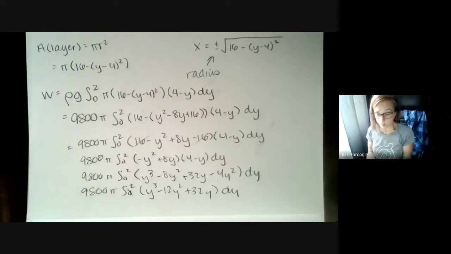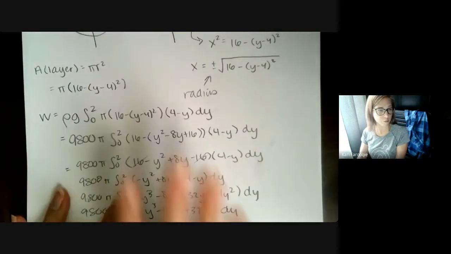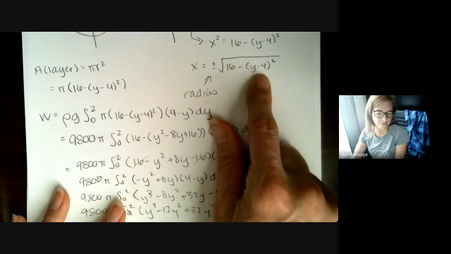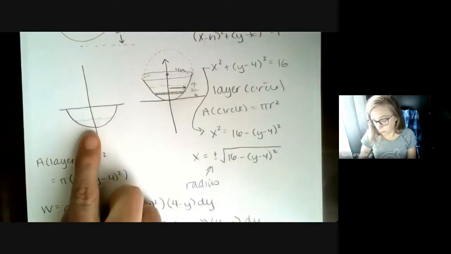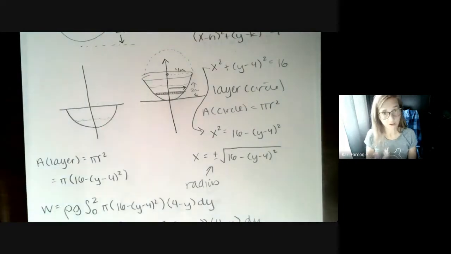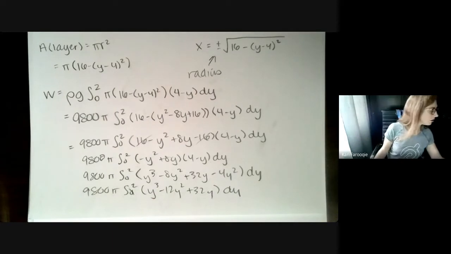In hindsight, maybe orienting it here would have saved us some work down there, just because it would have simplified this radical a little more. So that's definitely an option. So if you decided to do that, you would have integrated from -4 to -2, which is where the water would have existed in that case. So yeah, did that. And if you want, try it and just verify that you get the same thing.